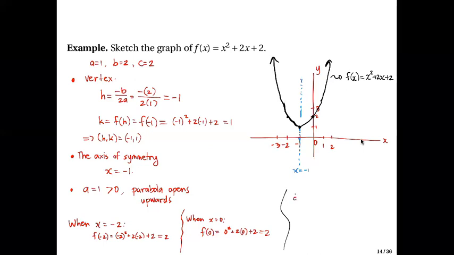Indeed, if we calculate the discriminant, we have b squared minus 4ac. So this is equal to 2 squared minus 4 times a, which is 1, times c, which is 2. So this is equal to 4 minus 8, which is equal to negative 4. And indeed, it's less than 0.